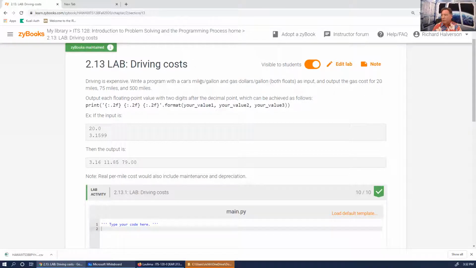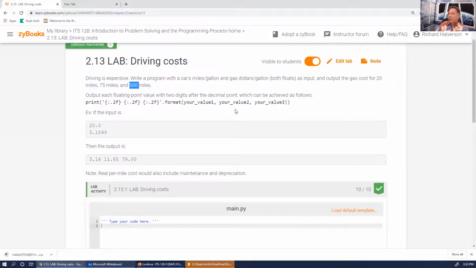So you input the miles per gallon and the cost of the gas, and then it'll output how much gas costs for driving 20 miles, how much you pay for gas to drive 75 miles, and how much you pay for gas driving 500 miles.